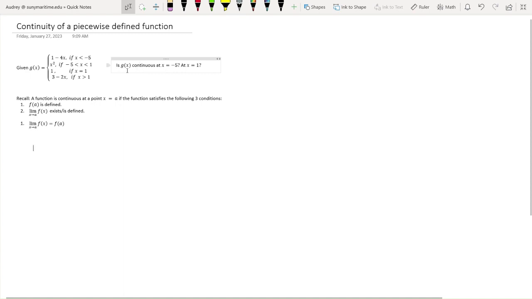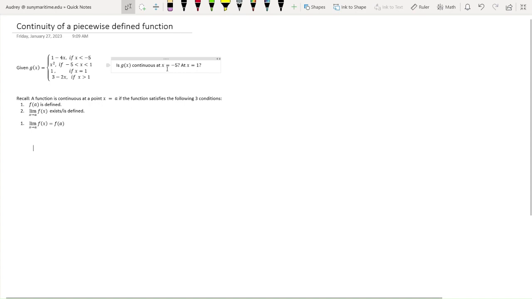So remember, to look at continuity of a function, we must look at those points, because we are dealing with a piecewise defined function. If the points we are provided here, which are x equals negative 5 and x equals 1, are within an interval, not at the end point of an interval, we just have to look at the nature of the function, which here are all polynomials, so they are all continuous.